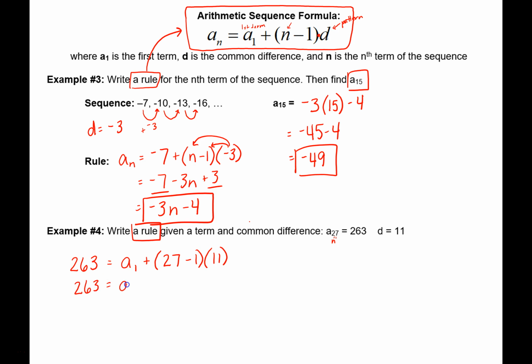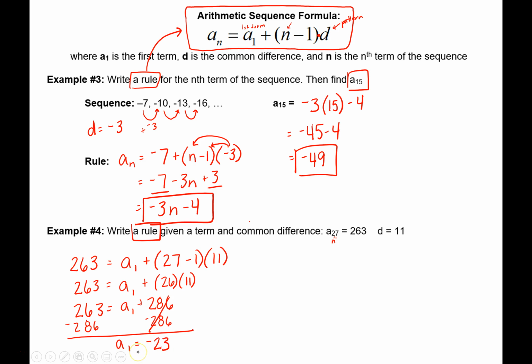This time I'm solving for a sub 1. So I'm going to do 26 times 11, it looks like, which is 286. And then I'm going to subtract 286 from both sides. And that gives me a sub 1 is equal to -23.